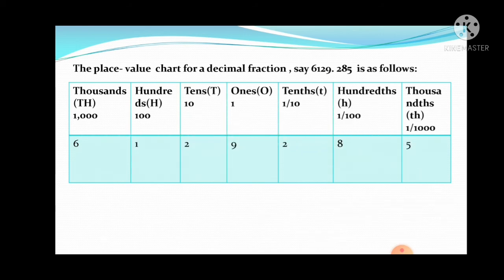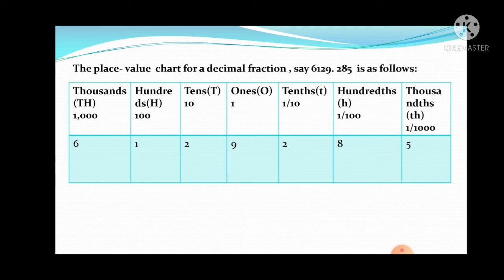The place value chart for the decimal fraction 6129.285 is as follows. Here I am showing a table of this number, to show how to recognize the place value of each digit. This table shows the thousands place, hundreds place, tens place, ones place. And what are the tenths place, hundredths place and thousandths place? Do you see any difference?